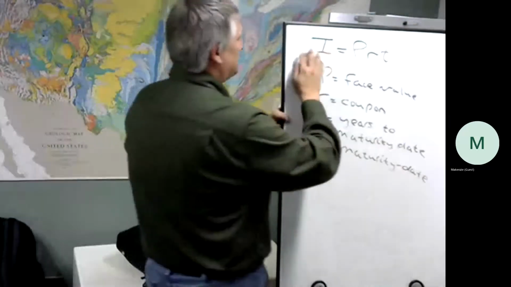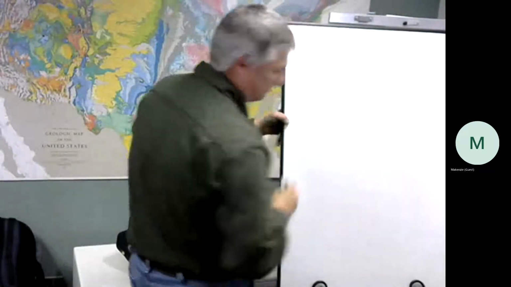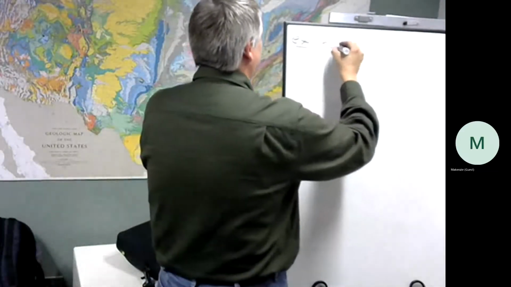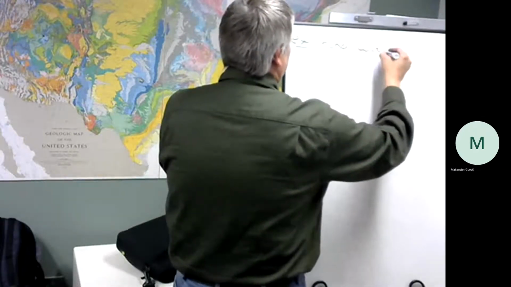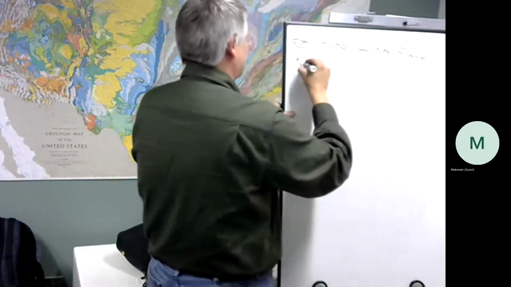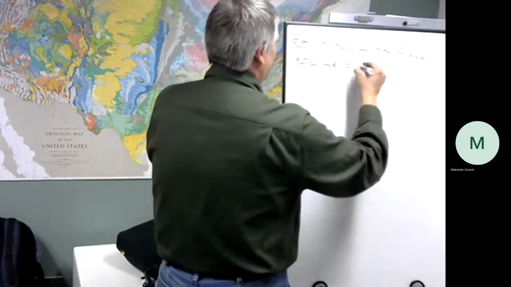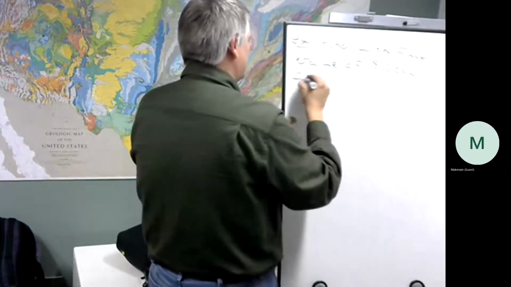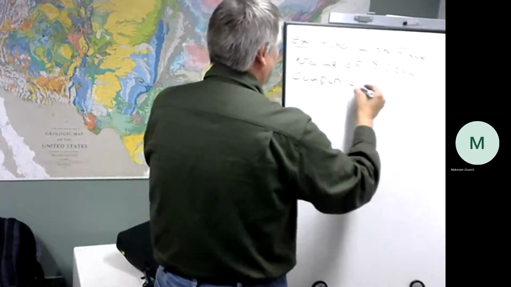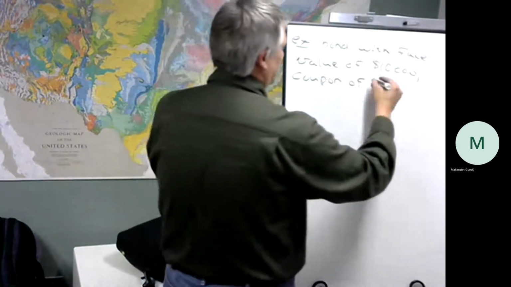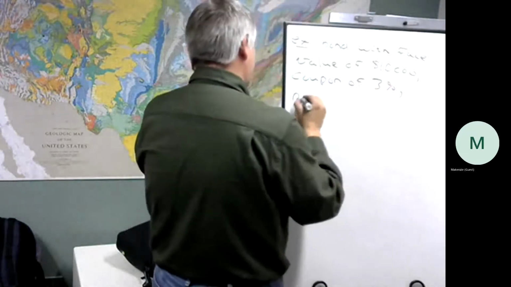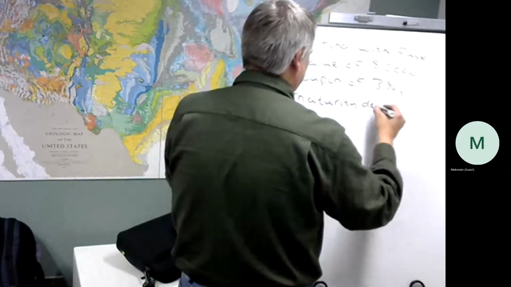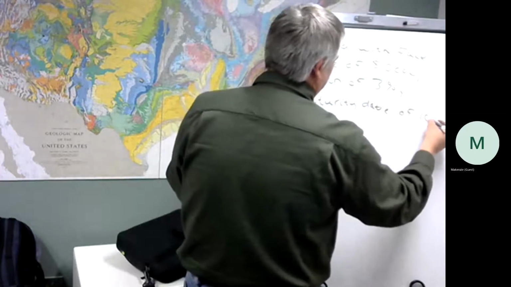All right. So let's say you have this. There's a bond with face value of $10,000, coupon of, let's say, 3%, and a maturity date of 10 years.